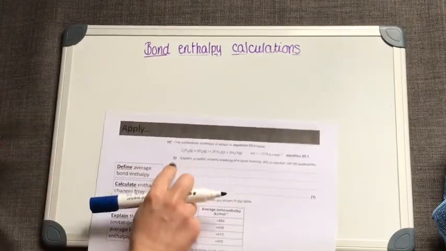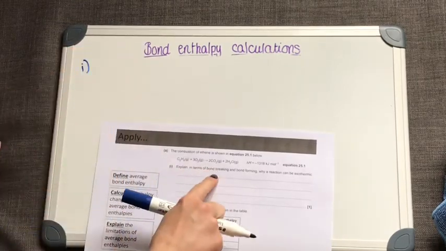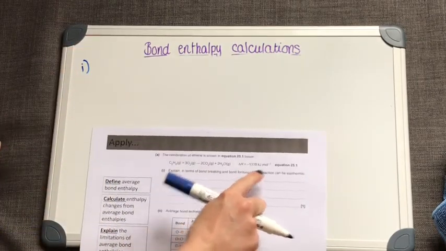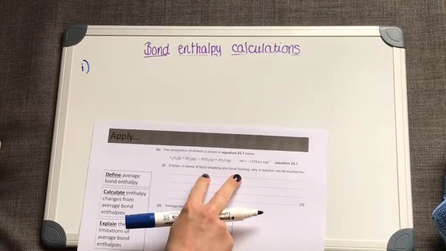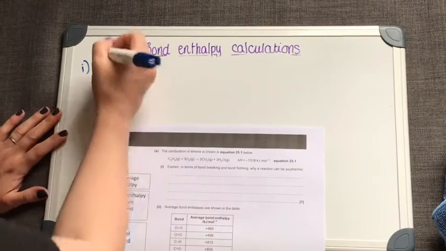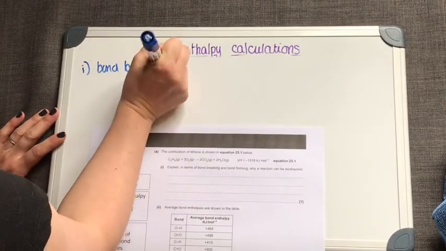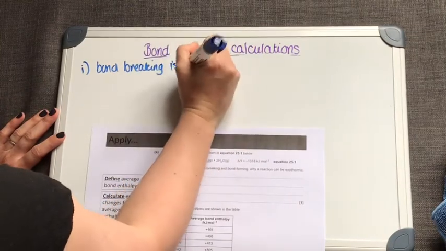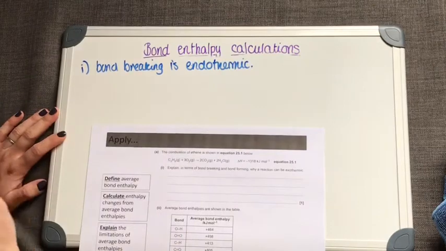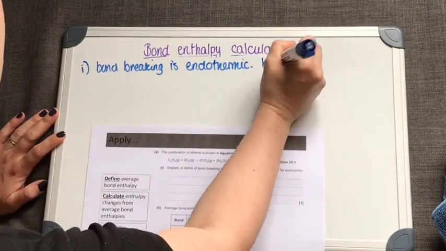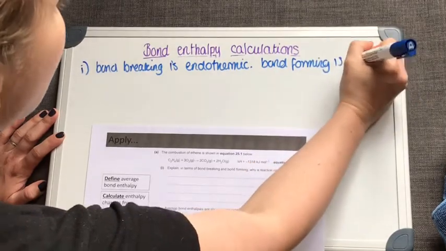So our first part, like I said, is a stock answer. Now when they say, explain in terms of bond breaking and bond forming why a reaction can be exothermic, you need to talk about these 2 processes and the balance between them. So we know that bond breaking requires energy. It's an endothermic process. We also know that bond forming, or bond making, is an exothermic process.